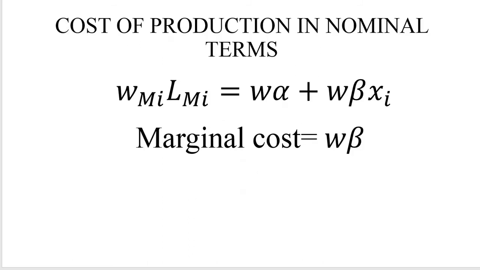So we can express cost of production in nominal terms, which will be useful for the further analysis, by multiplying both sides of this equation by W, which would stand for the wage of worker employed in this sector. So in this case, nominal cost of production will be equal to W times alpha plus W times beta times xi. So in this case, expressed in nominal terms, marginal cost is equal to W times beta.